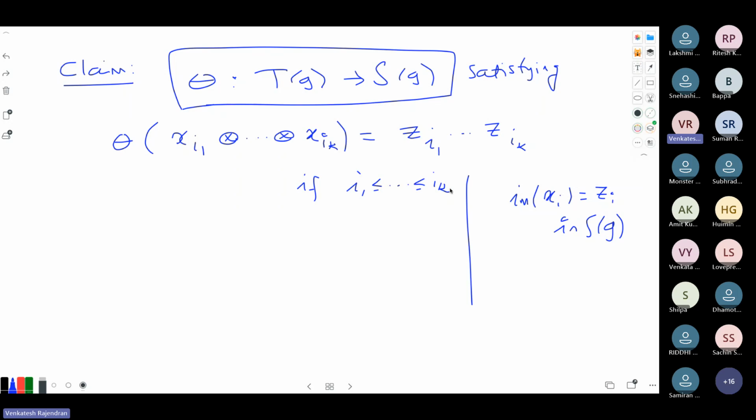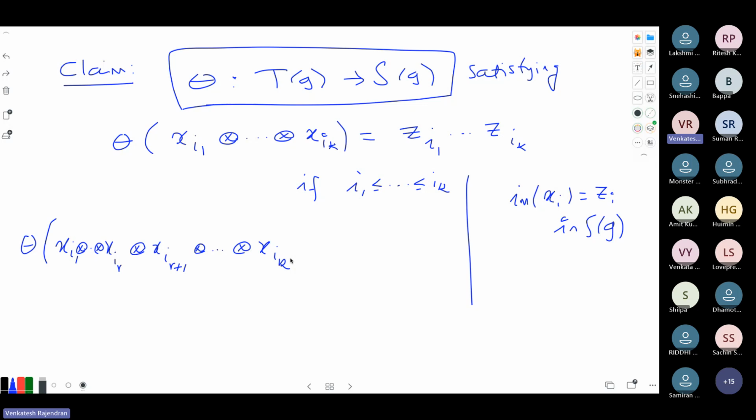When it is not in the correct order, you need to worry. Again, you want to go modulo the ideal of UG, that means x tensor y minus y tensor x minus xy. So whenever it is not in the correct order, let's say i1 tensor, etc., tensor ir, tensor x i(r+1), tensor, etc., tensor x ik.